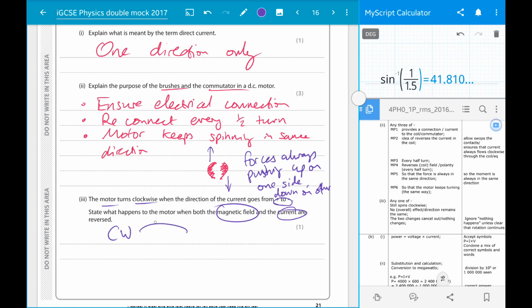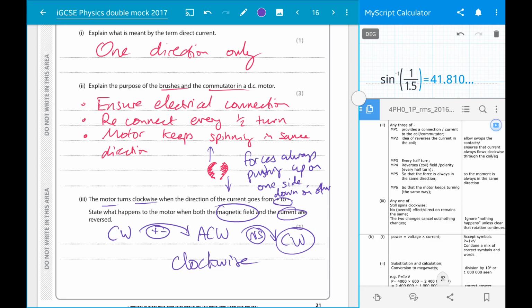So if you swap positive and negative, it will go anti-clockwise. But then if you also swap the magnetic field, so the north and south poles are swapped around, then it will go back to clockwise again. So the answer is it stays going clockwise.